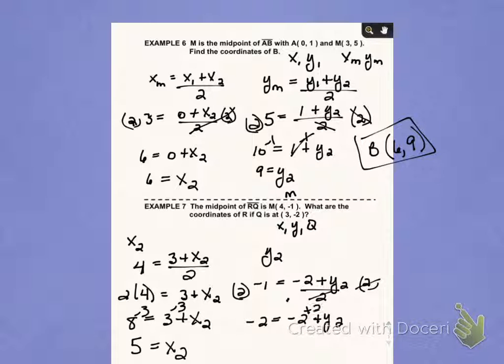When you add 2 to both sides, these both are going to add to be 0. So 0 equals y2. And you have to realize it's okay to get 0. 0 is an answer. Sometimes we think, oh gosh, I got 0, that can't be right, but it can be. Alright, so the answer here for point R, the coordinates are 5, 0.